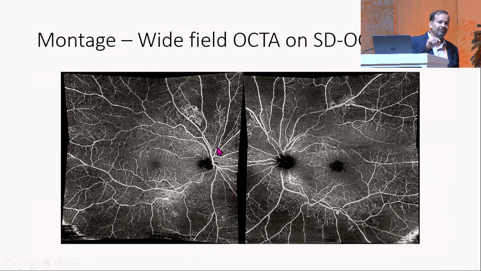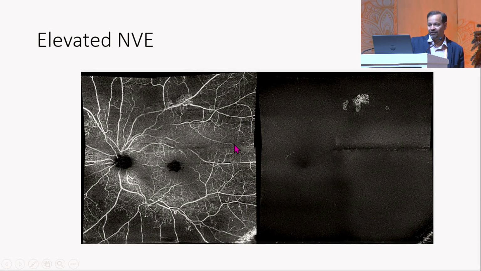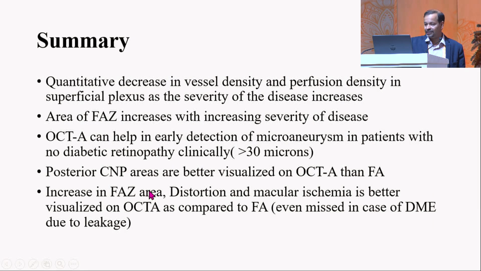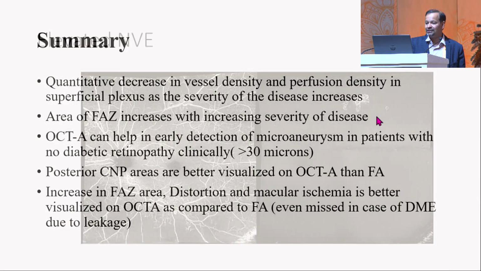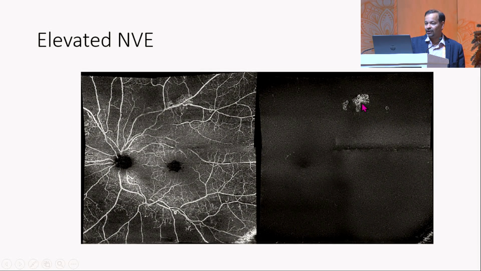With currently available OCTA machines, since we just image the posterior pole, not all peripheral NVs can be picked up, but when you have wide field OCTA reaching up to the mid-periphery, you can pick up these neovascularizations very well. In this patient, you can see there is a neovascularization. When you do the segmentation at the vitreous level, you can see that this neovascularization is in the vitreous cavity, signifying that this is a raised NV.